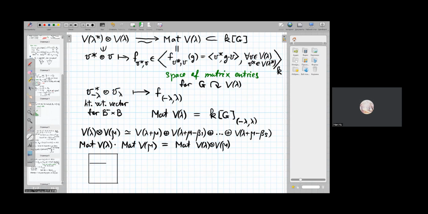We have these blocks, with zeros here and something on the diagonal.